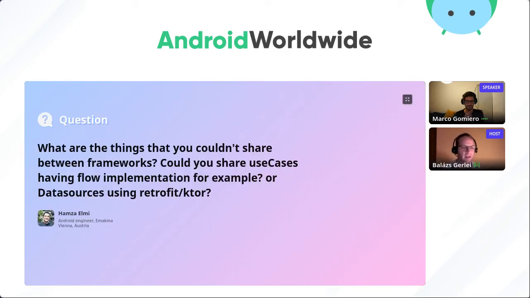It's from Hamza Elmi. What are the things that you couldn't share between frameworks? Could you share use cases having Flow implementation, for example, or data sources using Retrofit or Ktor? Okay, so you can share use cases with Flow, but you can't use Flow directly in Swift because it's not a thing in there.